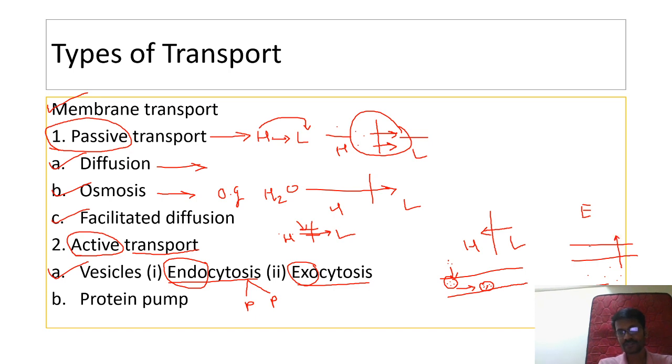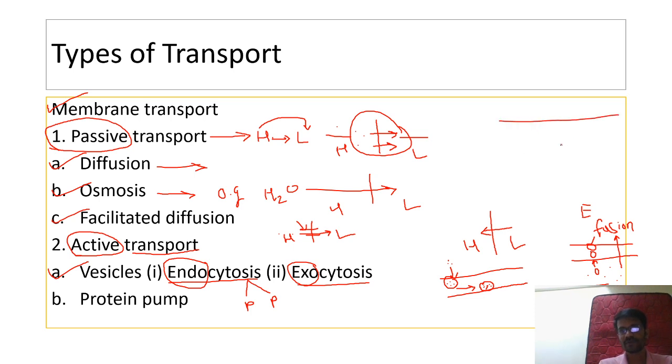How is this process completed? The molecule is transported from intracellular to extracellular by fusion with the cell membrane. When this fusion is completed, the drug molecule or any molecule comes out.